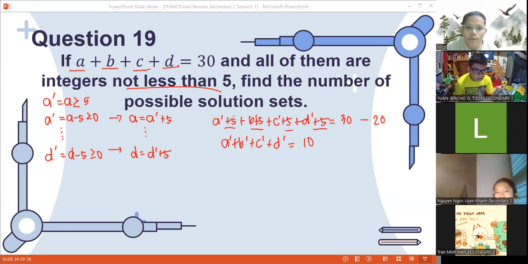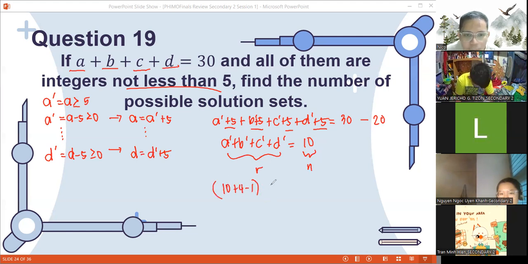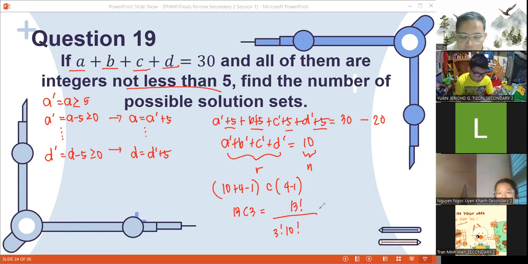Okay? So using our stars and bars, we now have this one as r and this one as n. So we have 10 plus 4 minus 1 combination 4 minus 1. So that is just 13C3. So that's 13 factorial over 3 factorial times 10 factorial, right?